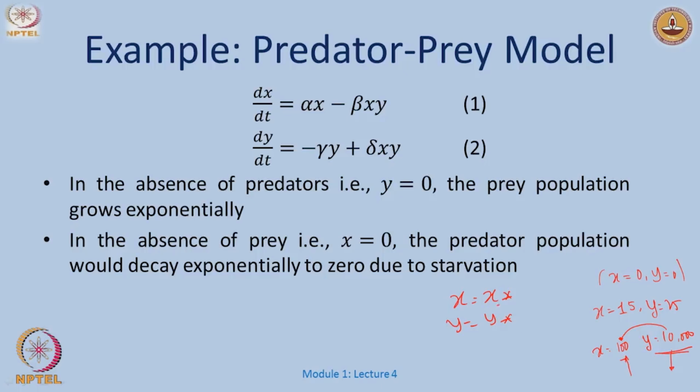Which means that if x star is constant for all times, y star is constant for all times, then dx by dt will go to 0 and also dy by dt will go to 0.